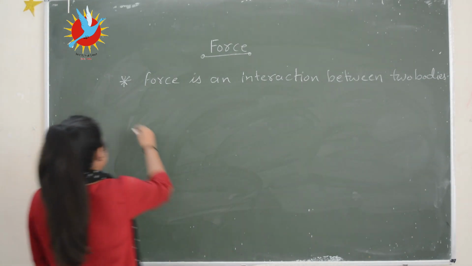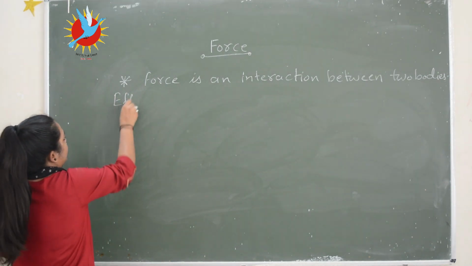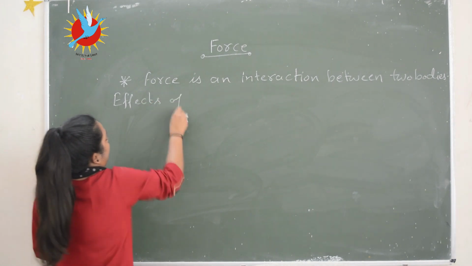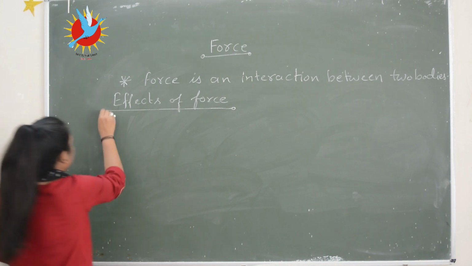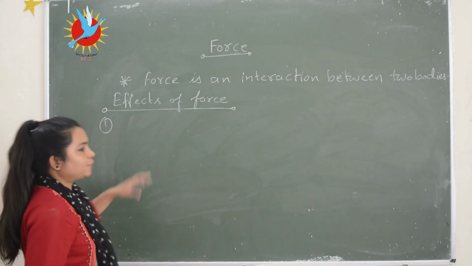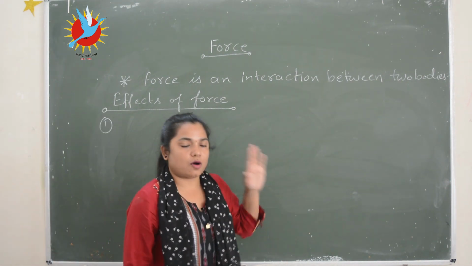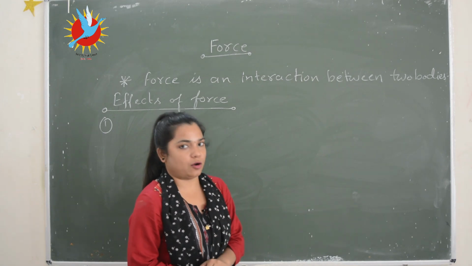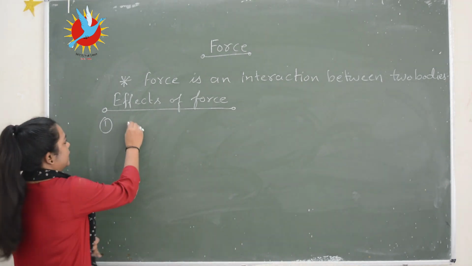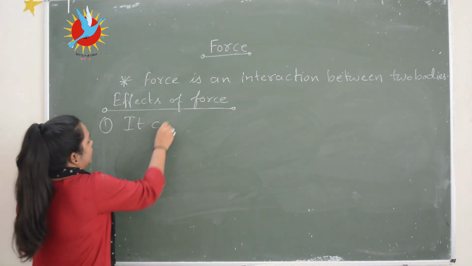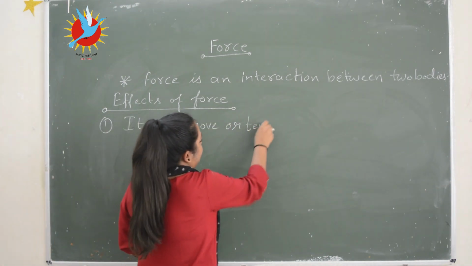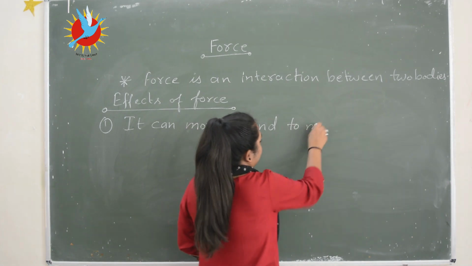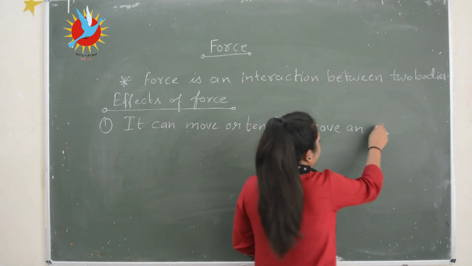Okay, now let's discuss its effect. Effects of force. Number 1, the force can move or tend to move an object. Okay, so the first point is it can move or tend to move an object.